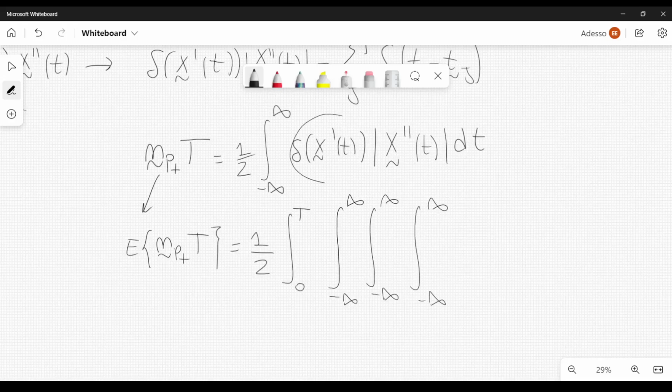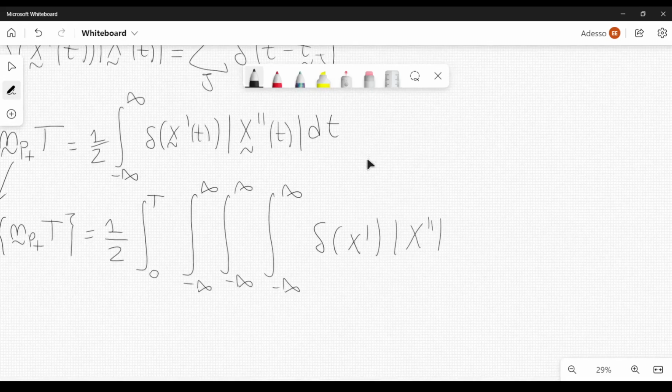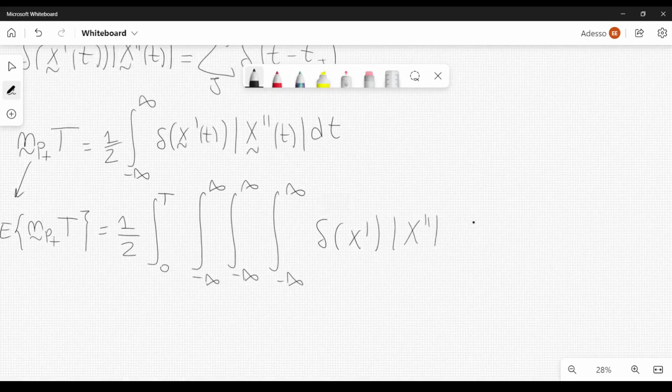We still have the same delta function here, but now instead of x prime of t tilde and x double prime of t tilde, I'm just going to write x prime and x double prime, because now here we have a distribution f of x, x prime, x double prime, so this is a joint density.